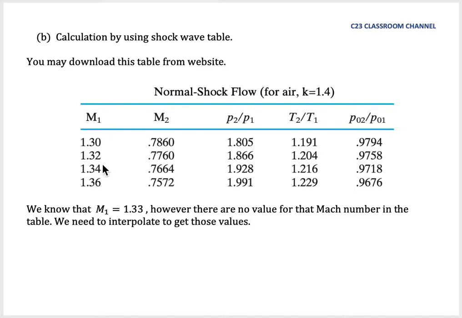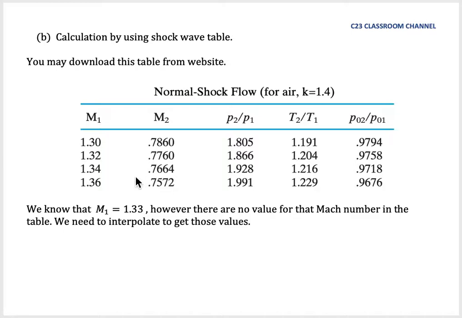So you could interpolate by having, for example, 1.32 will give 0.7760 Mach number, 1.34 will give you 0.7664 Mach number, and 1.33 will give you an X value of Mach number.